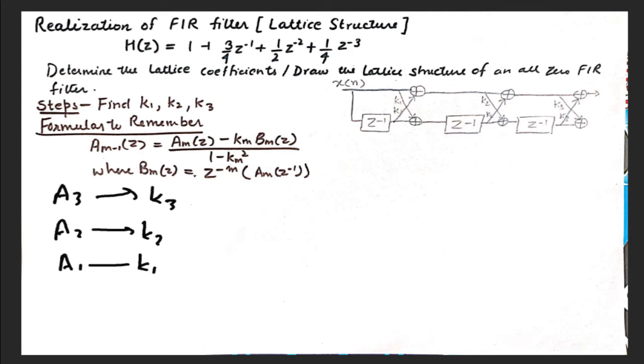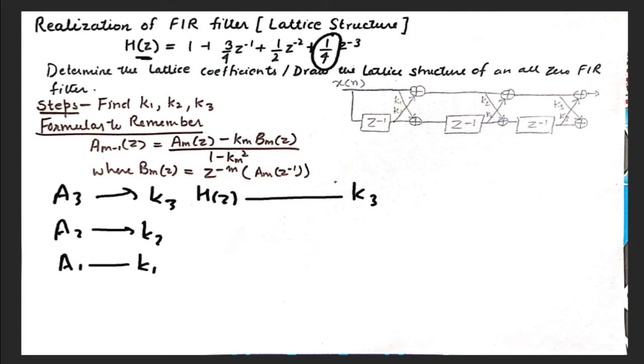And what is A3? You can find A3 from the questions, as I mentioned in the previous video. So A3 is nothing but this H of z here. So this entire long equation, this is A3, and out of this equation this part is K3. As I mentioned previously, the coefficient of the highest negative power is K3.